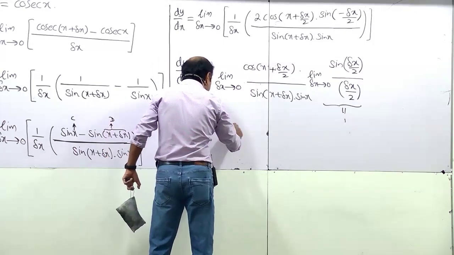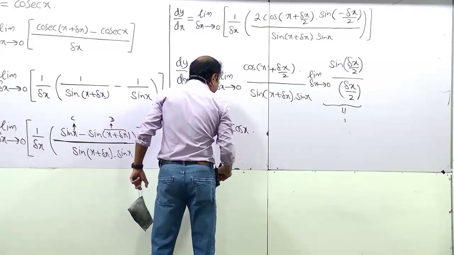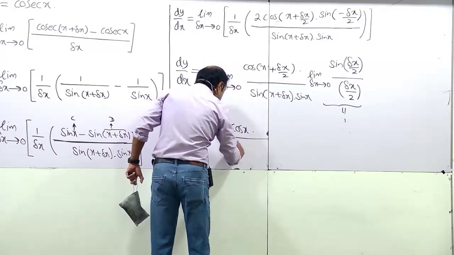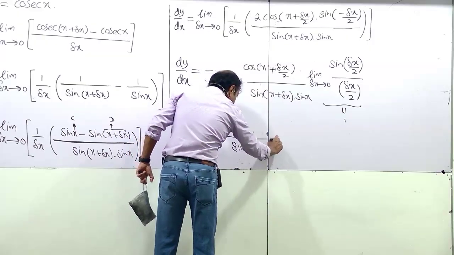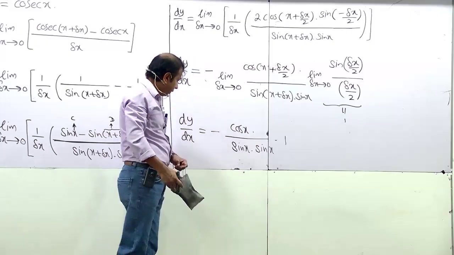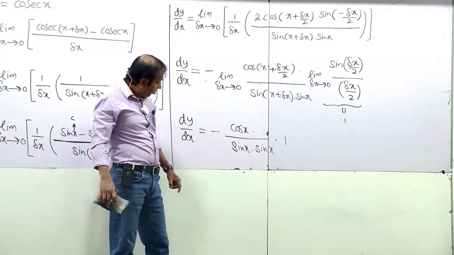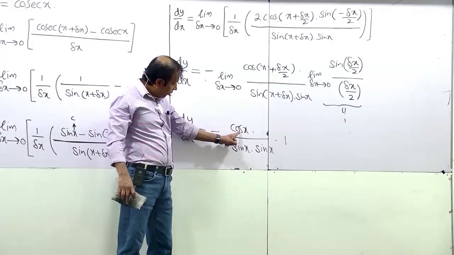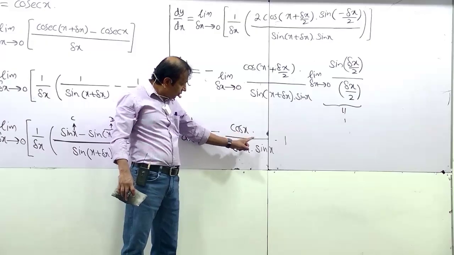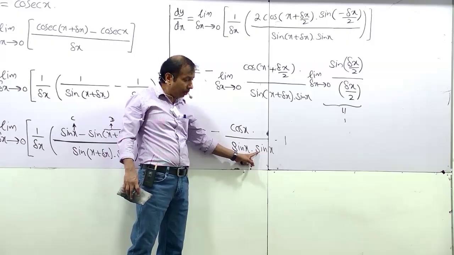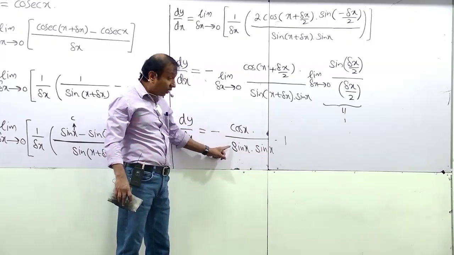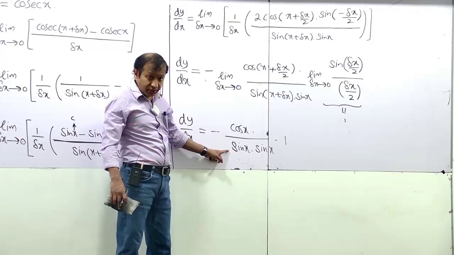Then we get dy over dx equals minus cos x divided by sin x into sin x and 1. Cos x divided by sin x, cos by sin is cot. Here we have 1 over sin x, 1 over sin x means cosec x.